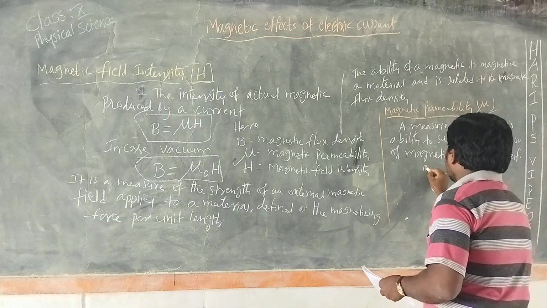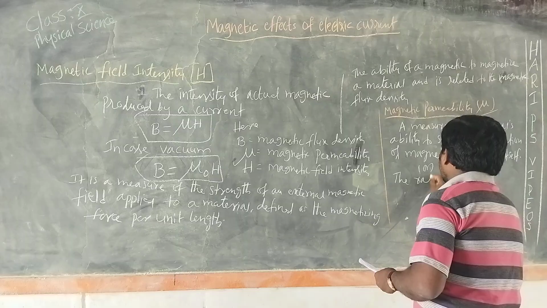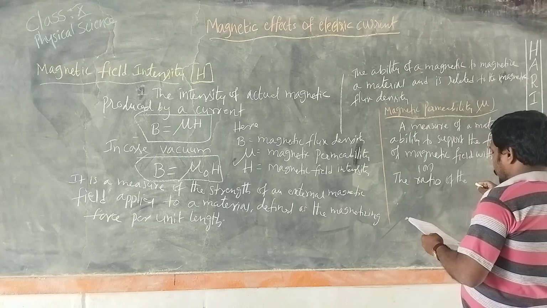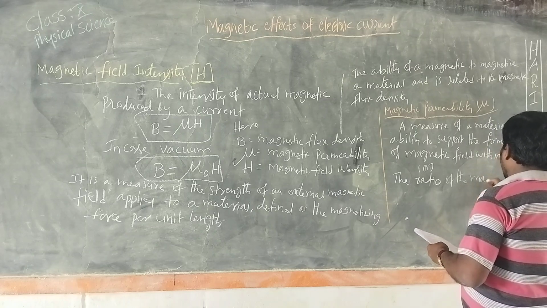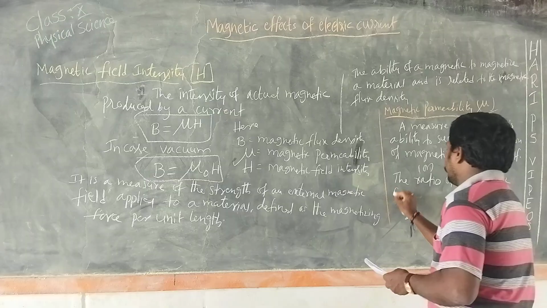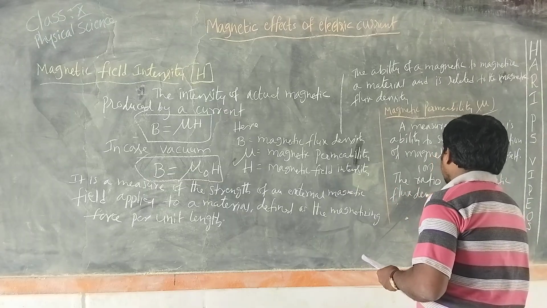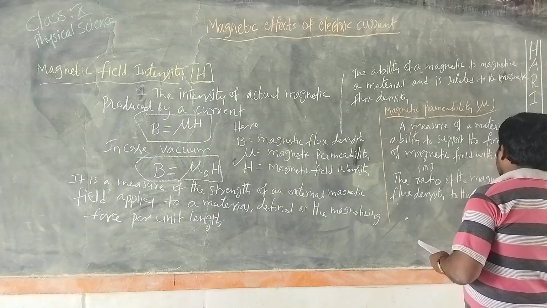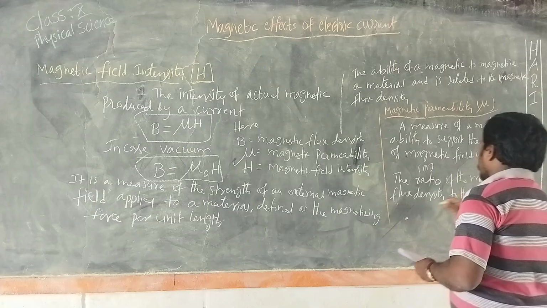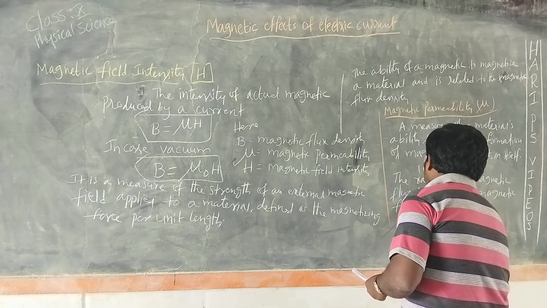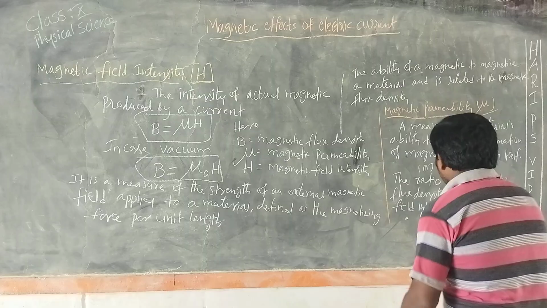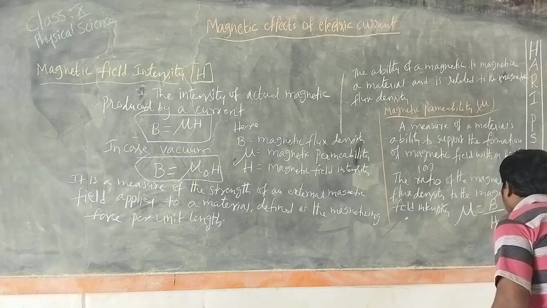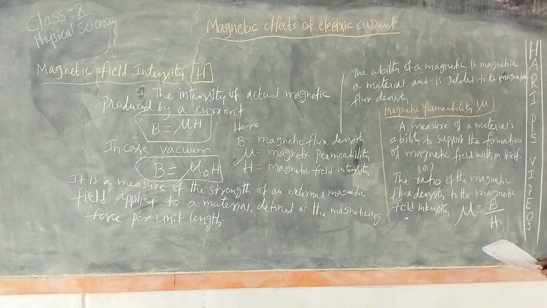Or, another definition: the ratio of magnetic flux density to the magnetic field intensity. So we can write mu is equal to B by H.